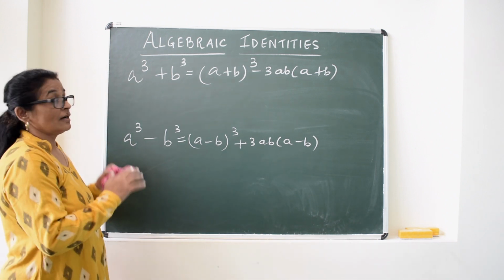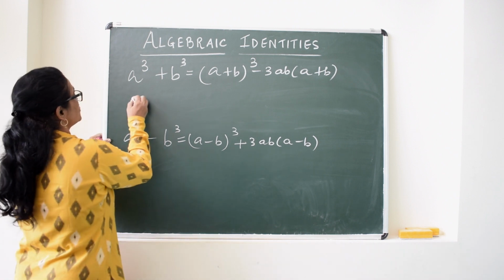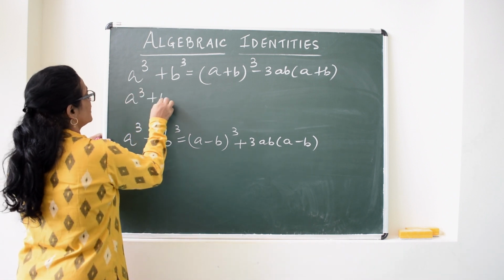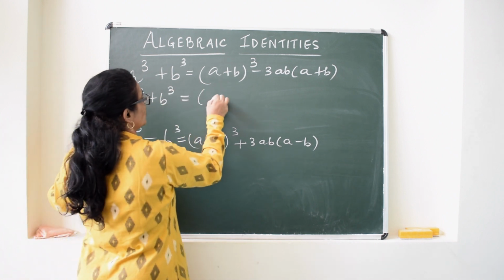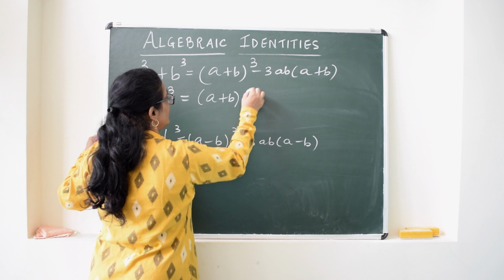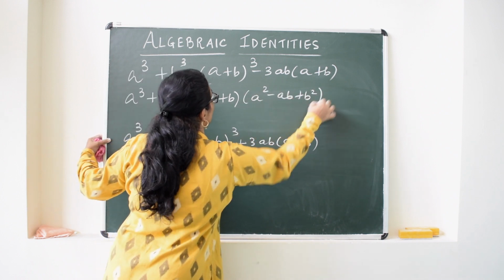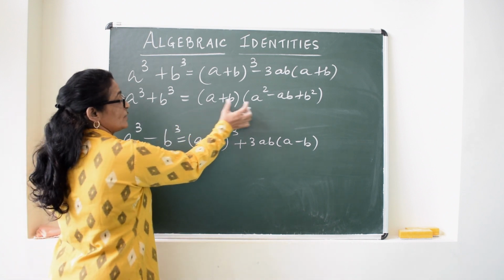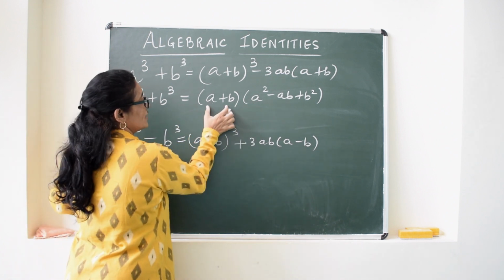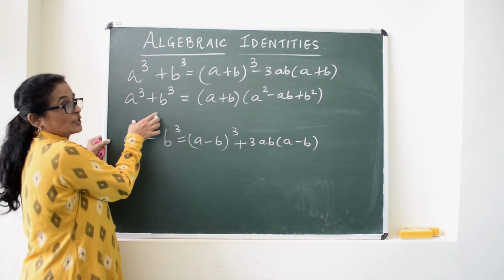Okay. There are other two forms which we use in the factorization. So those two forms are a cube plus b cube is equal to a plus b into a square minus ab plus b square. This we use in factorization. Why? Because these two are the factors written in the form of the product for this expression.